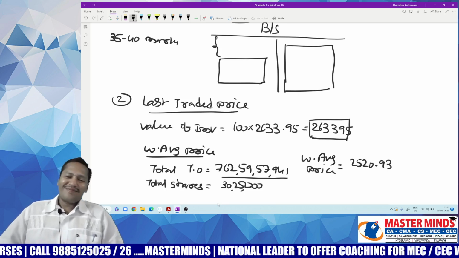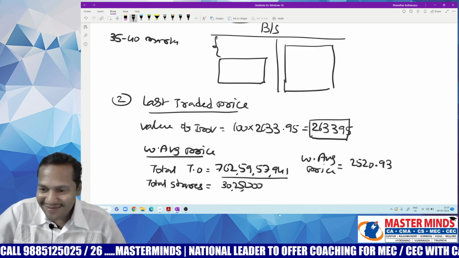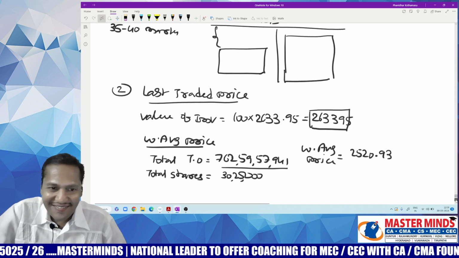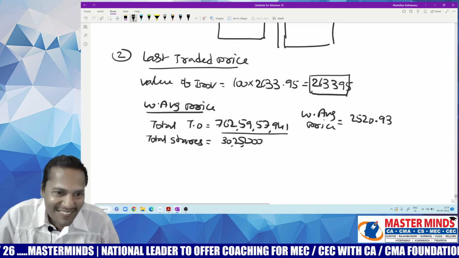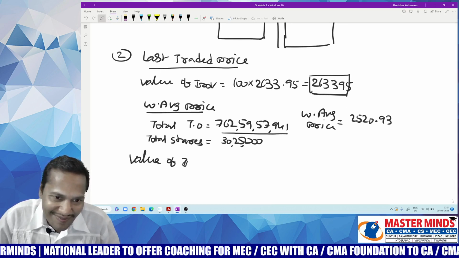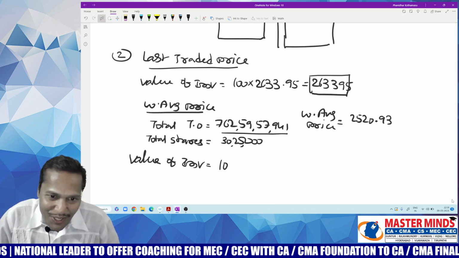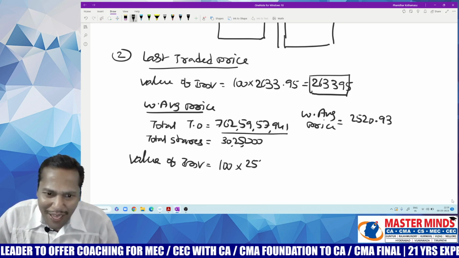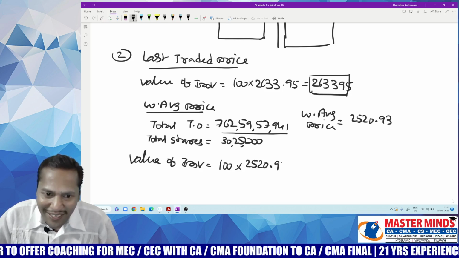Now, value of the investment based on a weighted average price. 100 shares our investment portion, 100 shares into each share valued at 2,520.93.